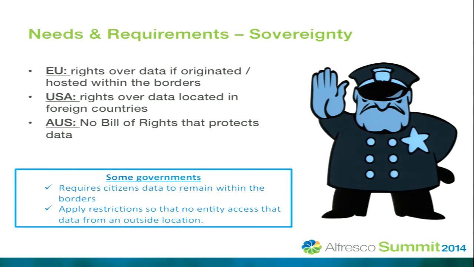For example, the European Union requires the rights over data hosted or originated within the borders of the European Union. The USA claims rights over data even if hosted in foreign countries, like the affair with Microsoft and the access to Ireland data centers. Australia has no Bill of Rights at all, so if you store your data in Australia, anyone can access it with no problem, with no prosecution.